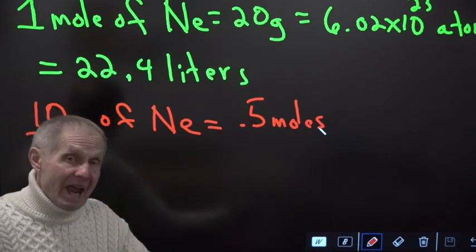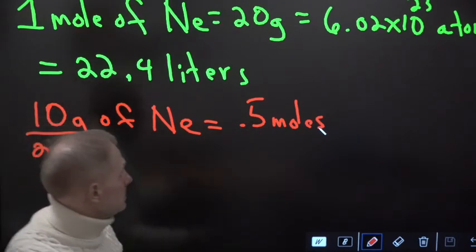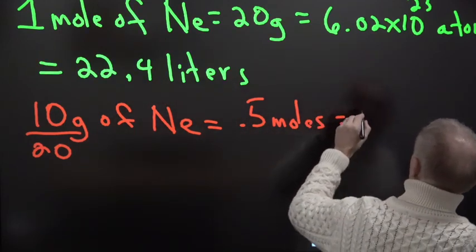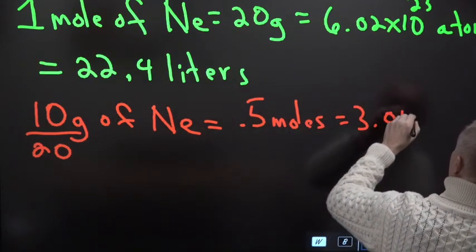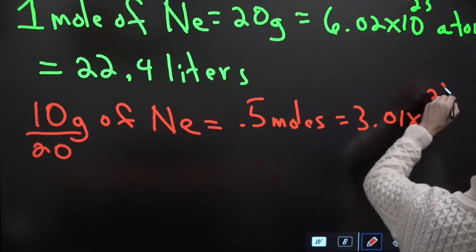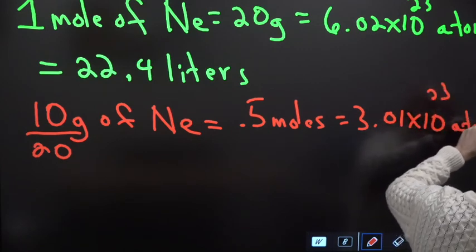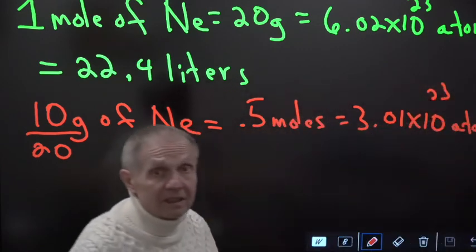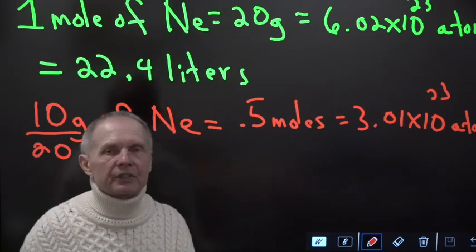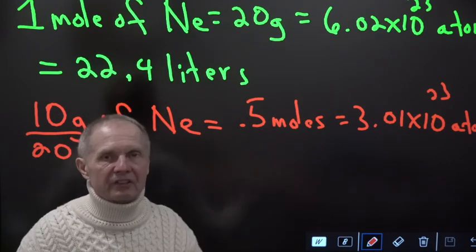Well, how many atoms would that be? Well, 0.5 moles of neon would be 3.01 times 10 to the 23rd atoms. And then, how many liters would half a mole of any gas give us?